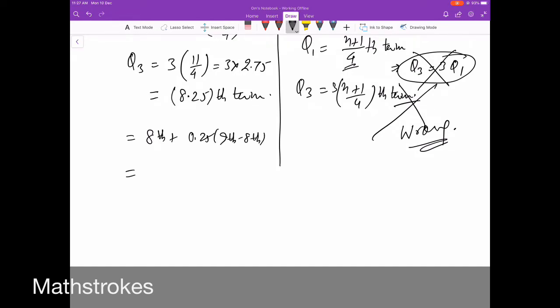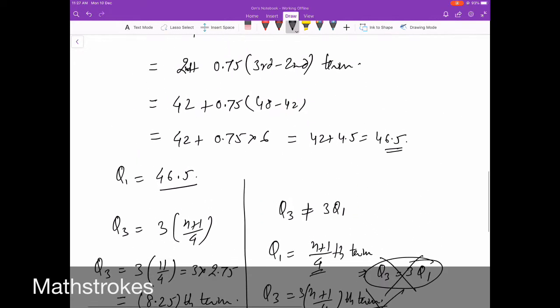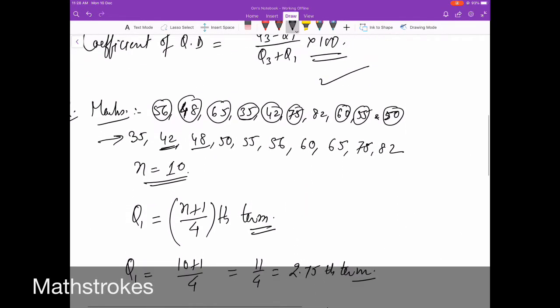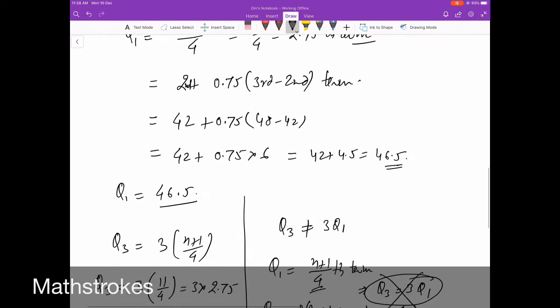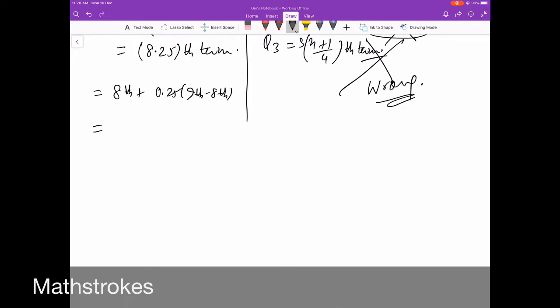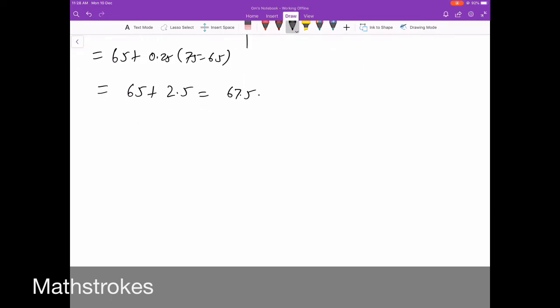The 8th term is 65 and 9th is 75. So this is 65 plus 0.25 times (75 minus 65), which is equal to 65 plus 2.5, which is 67.5.